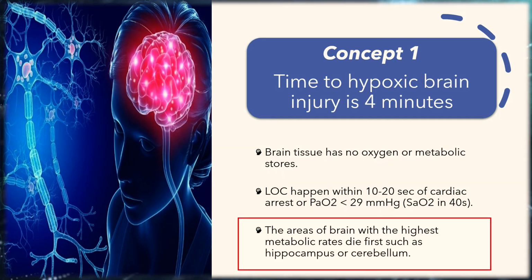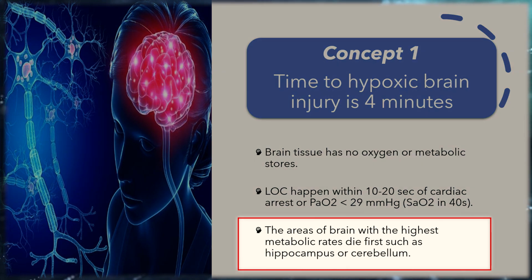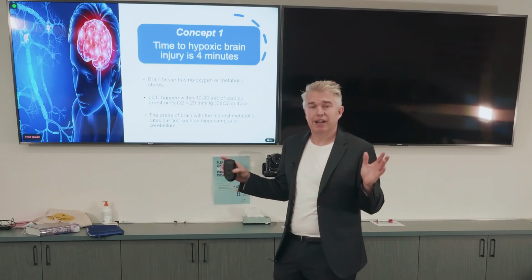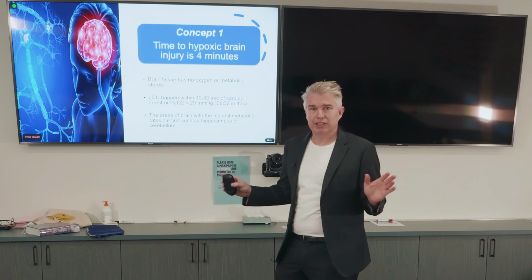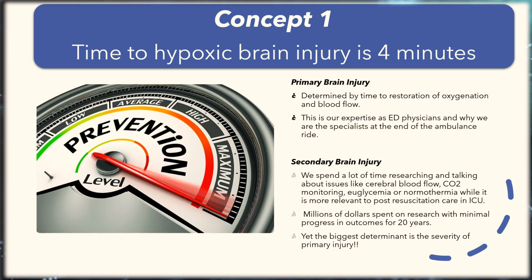The areas of brain that die first are those with the highest metabolic rate. So that's universally first the hippocampus, followed by the cerebellum and basal ganglia, then the occipital lobes, then other parts of the brain. It is so predictable. So the time to hypoxic brain injury is 4 minutes, but let's just talk about primary and secondary brain injury.